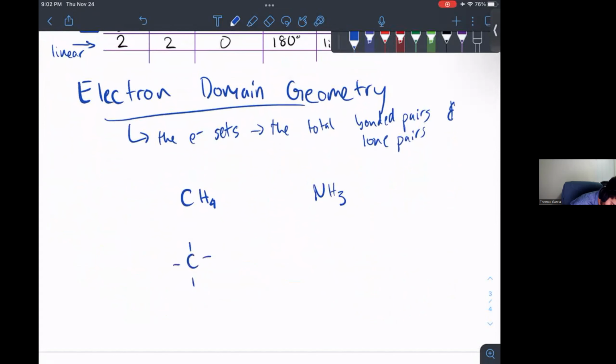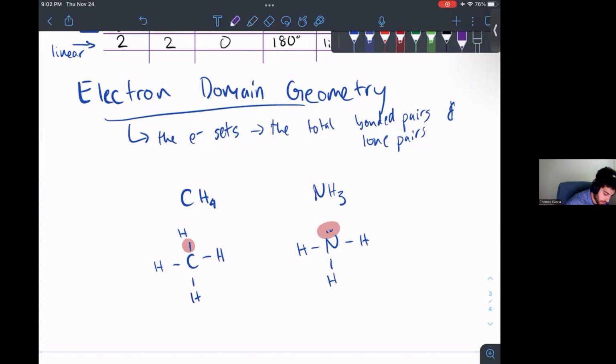CH4 we can draw quite simply as this, and NH3 will be very similar to CH4. However, the main difference is we have a lone pair of electrons at the top versus a bonded pair of electrons.